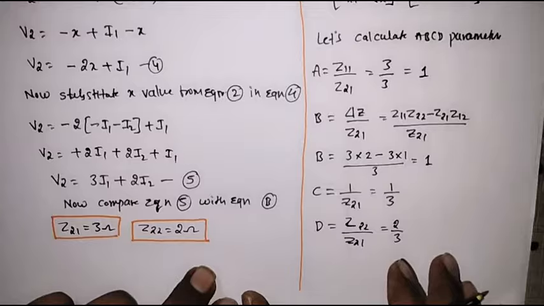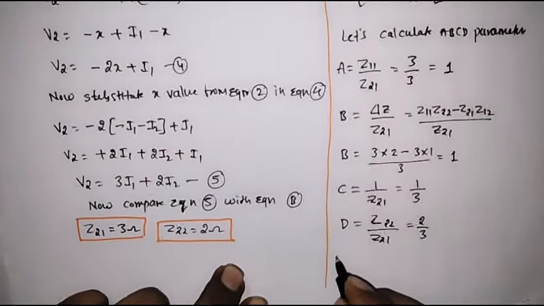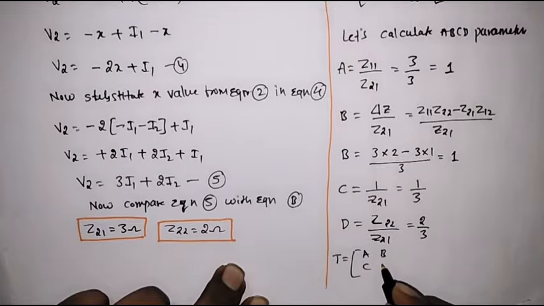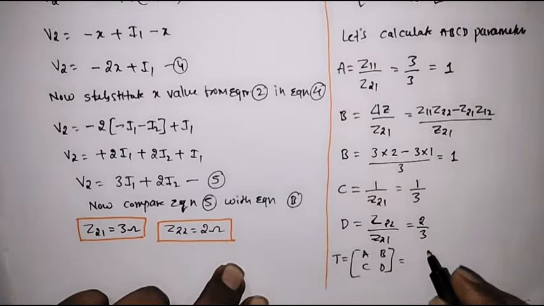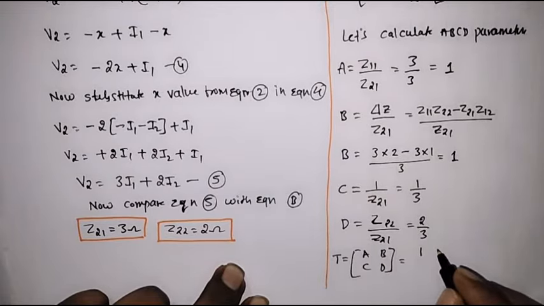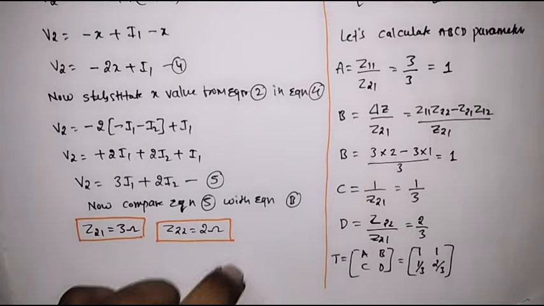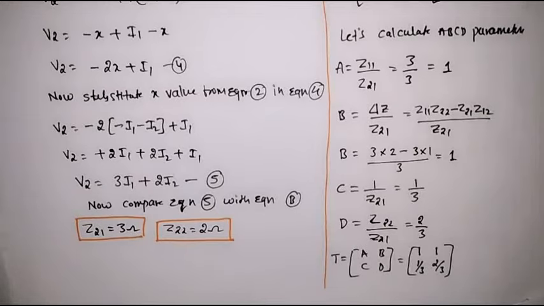So now we can write the transmission parameter T is equal to A, B, C, D, which is equal to 1, 1, 1 by 3, 2 by 3. So these are the T parameter values or ABCD parameters.